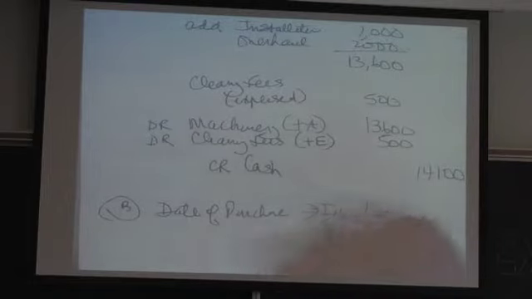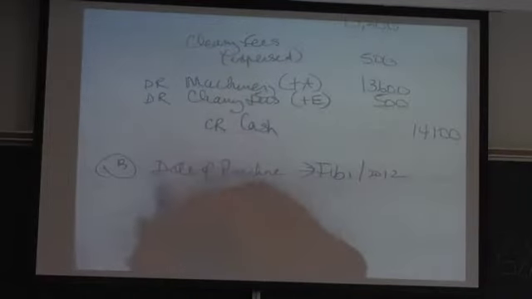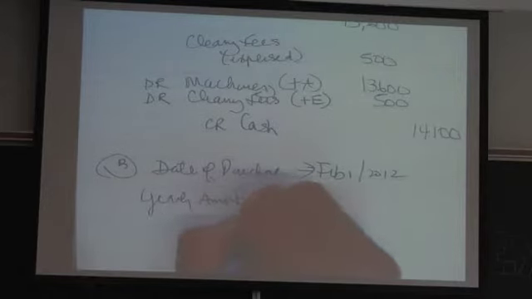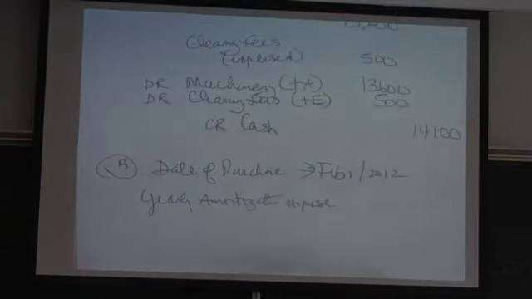We have to be mindful of that date because we need to prorate the first year of amortization. So first, let's calculate the yearly amortization expense. They're going to use straight line.